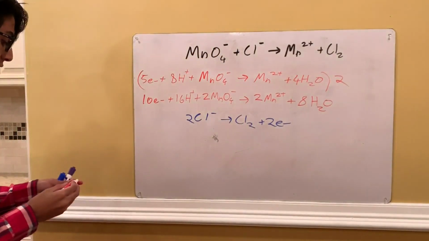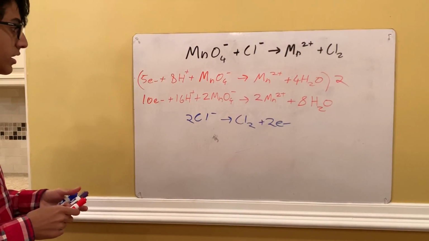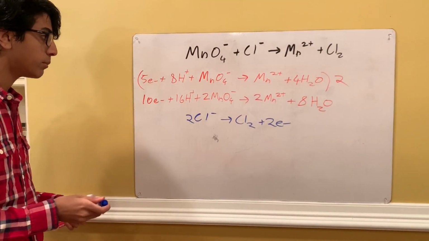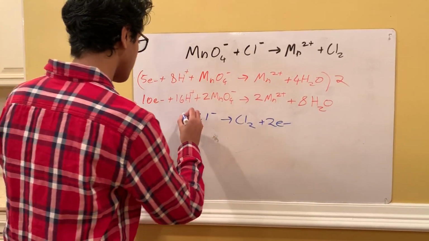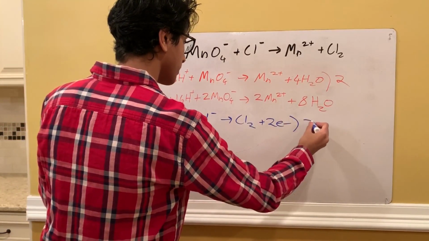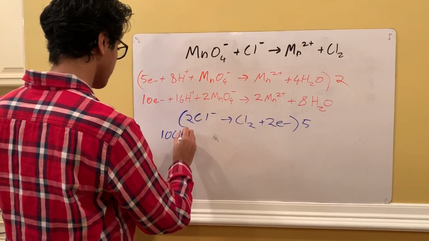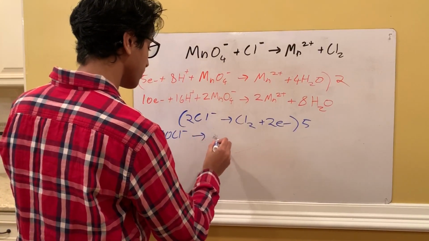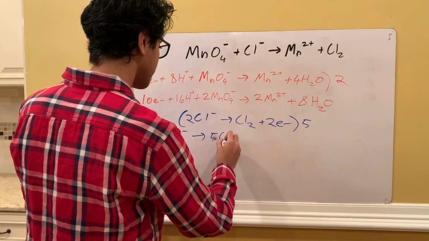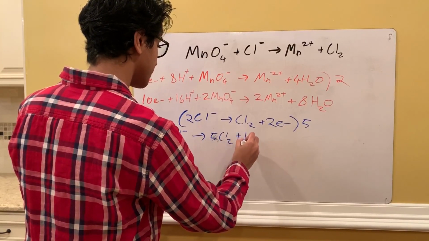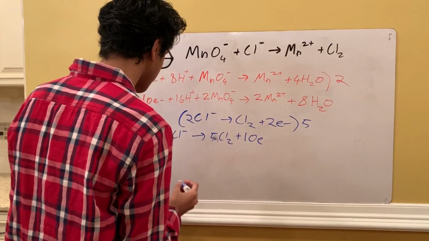Okay, and now we can multiply the other equation by 5. So then we have 10 Cl minus goes to 5 Cl2 plus 10 electrons.